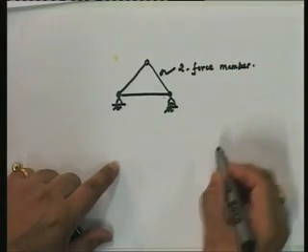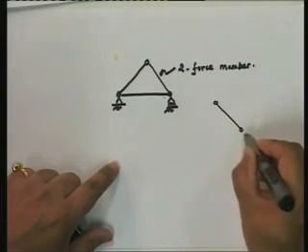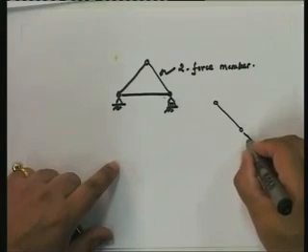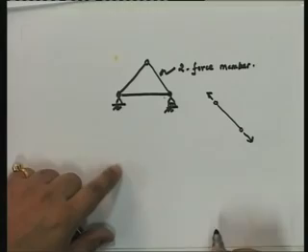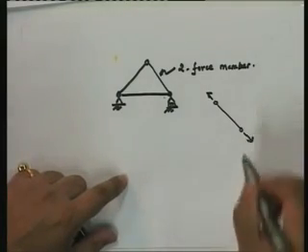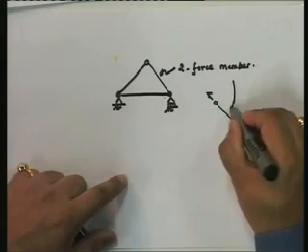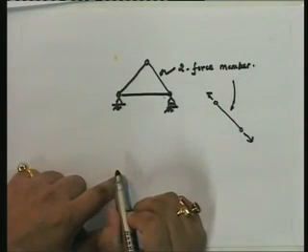What's a two-force member? If I isolate the member, this member will only be subjected to axial forces. That is a two-force member. In other words, in a truss, each member is only subjected to axial forces.